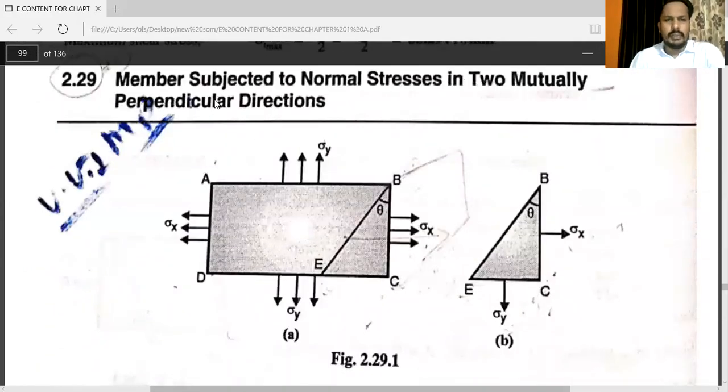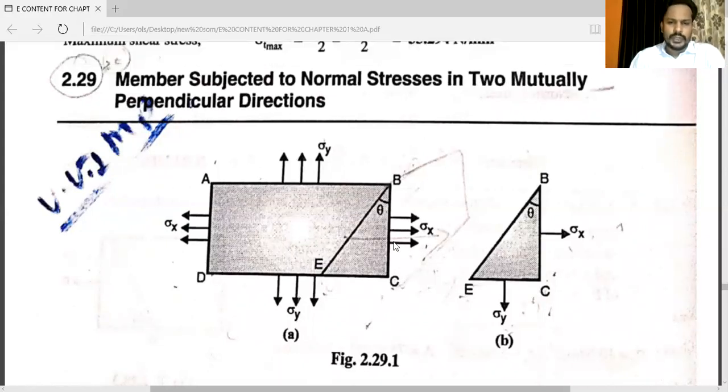Another case is a member subjected to normal stresses in mutually perpendicular directions. Here sigma x is acting in this direction, and in this direction sigma y is acting. So the member is subjected to normal stresses in two mutually perpendicular directions. Here you can see sigma x, here sigma y.